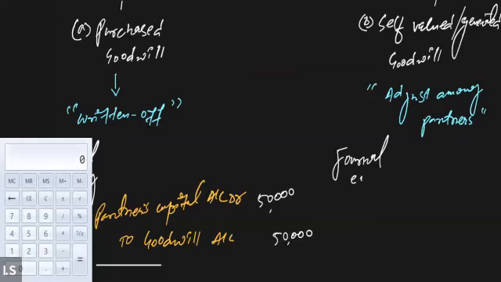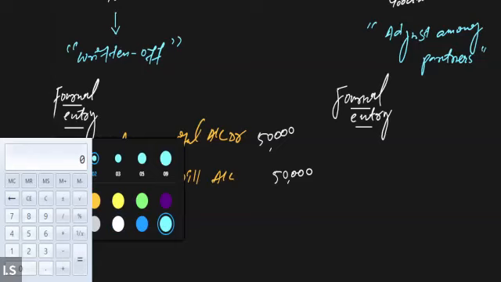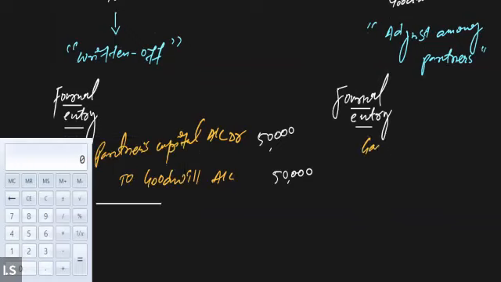So the journal entry for adjusting the self-generated goodwill will be this. Every time we want to pass an adjustment entry, it remains the same: gaining partners' capital account will be debited, to sacrificing partners' capital account credited.